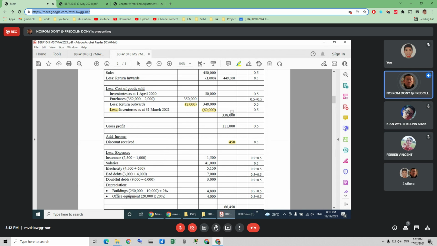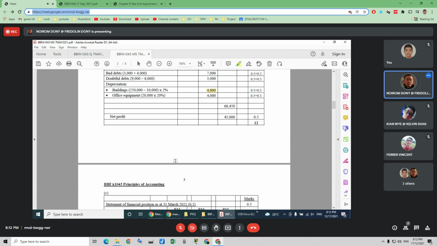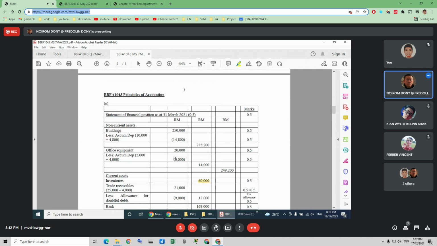So you have 4,800. By providing depreciation here, 4,800, this is actually debiting. So this is debit, when we provide under expenses. And the credit is when we add into the SOFP under accumulated depreciation. So this is the existing from the trial balance, 10,000, and this is the credit entry.